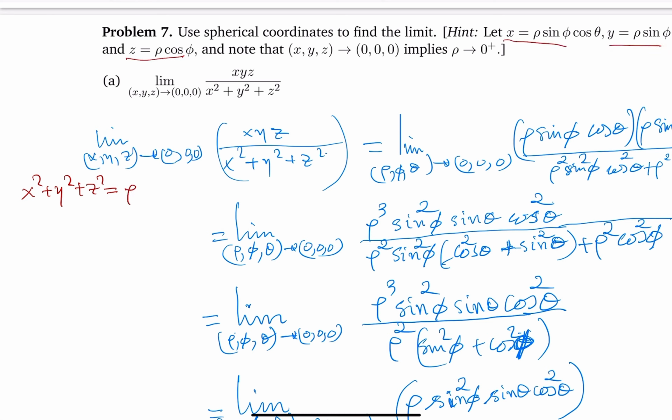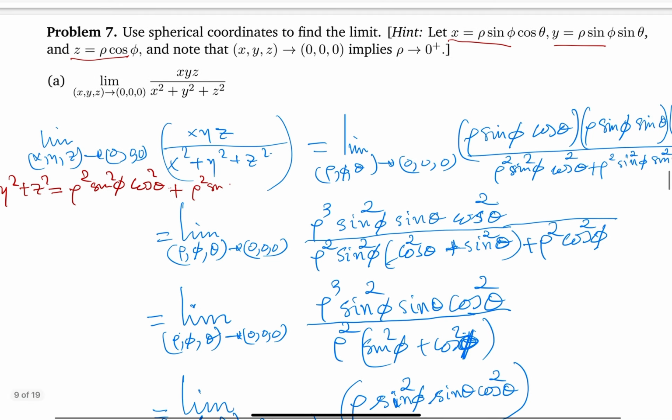X is this one squared sine this one squared, and you have cos theta squared, plus this one squared sine this one squared, and you have sine theta squared, plus z is this one squared, and you have cosine this one squared.